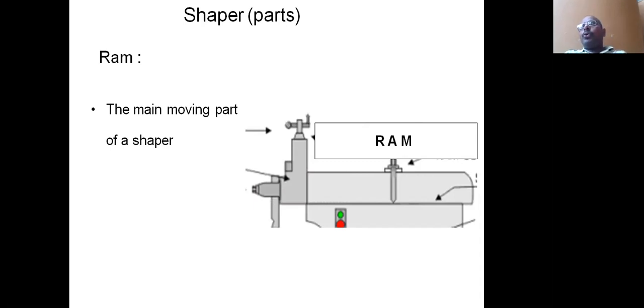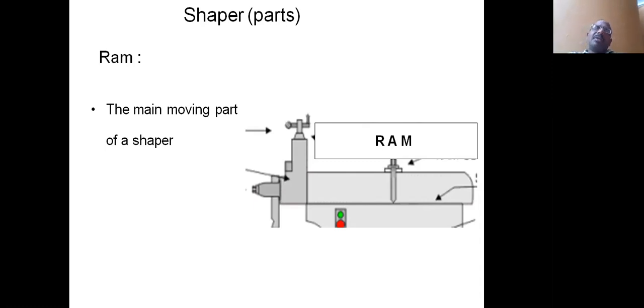Generally, the tool used in a lathe machine is a single point cutting tool. In this shaper also, the cutting tool used is the single point cutting tool. Only in some special cases may the cutting tool be a multi-point cutting tool, no problem.